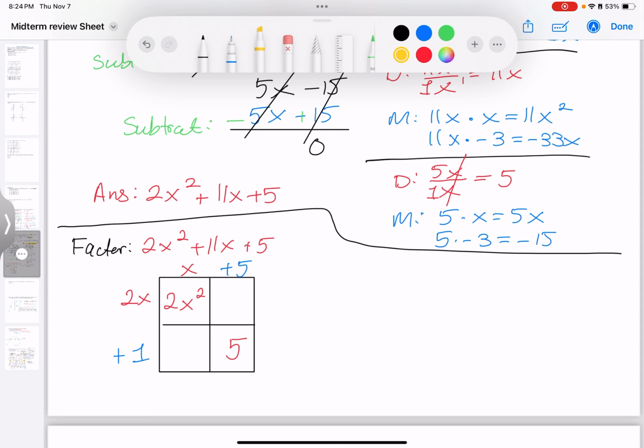And now we're going to remultiply. 2x times 5. 2 times 5 is 10. So 2x times 5 is 10x. One times x is 1x, or just x. But I'll put 1x to keep it a little more accessible.